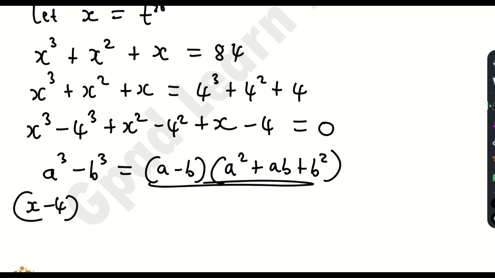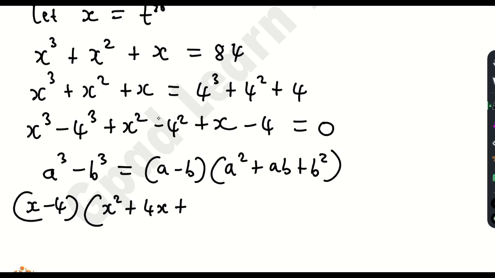Notice I'm using this one to get it. And then x squared plus, this is ab, you multiply the two, so 4x, and then plus b squared, so that will be 4 squared. So I'm going to write 4 squared here.